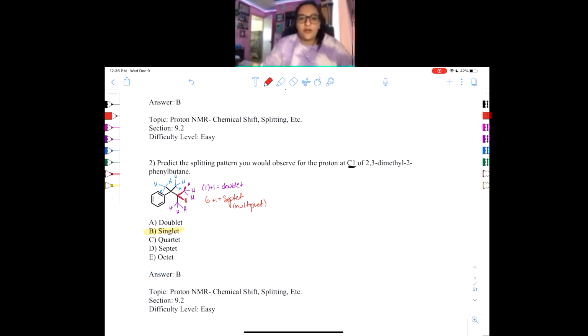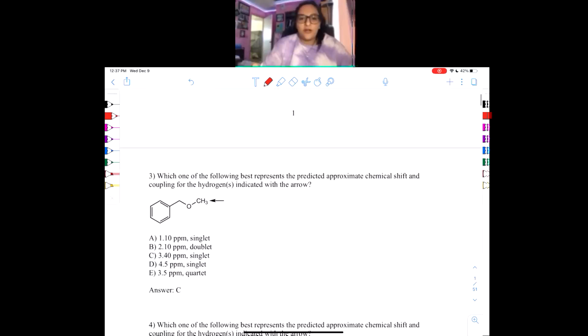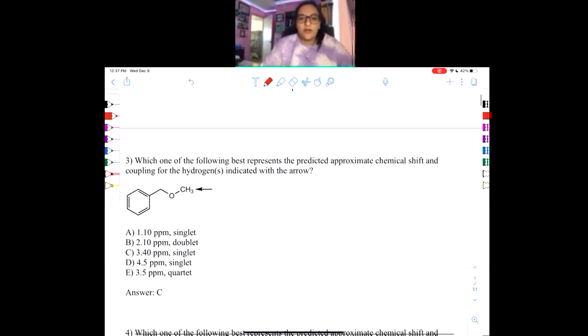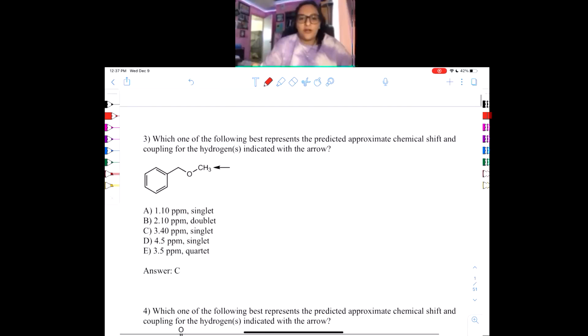Good? Does all the stuff we just went over make sense? Yes? Okay, sweet. So next up, we have this one. So we're pointing at a hydrogen that's on the ether. So first thing is first, can we split through a heteroatom?